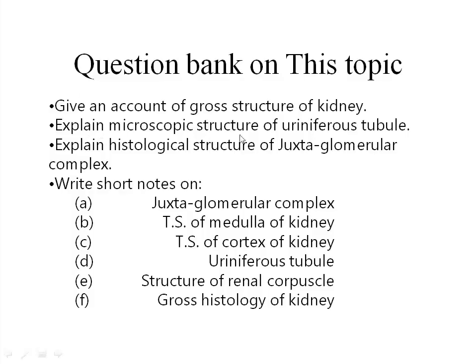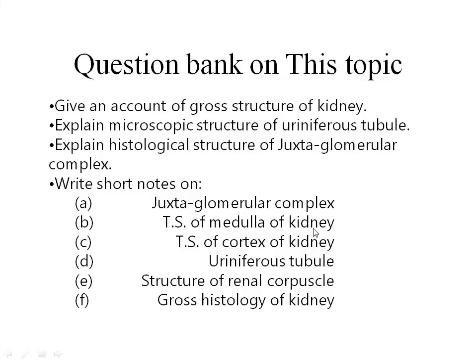Then explain the microscopic structure of the uriniferous tubule. Here we have to describe the structure of the nephron. Explain the histological structure of the juxtaglomerular complex. You describe the glomerulus or renal corpuscle, and describe the cell types, the juxtaglomerular cells and the macula densa cells, and their functions and structures. If they ask for a short note on the JG complex, you draw a diagram and explain the JG complex.